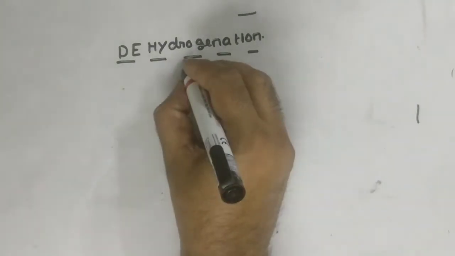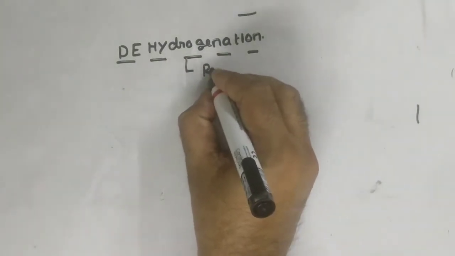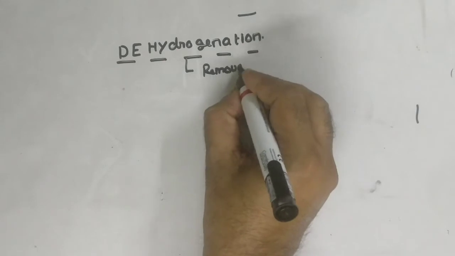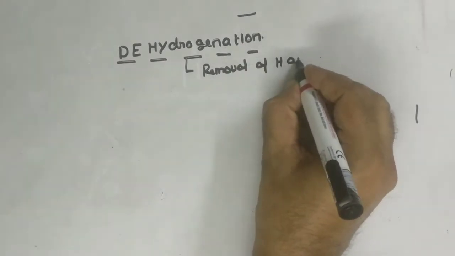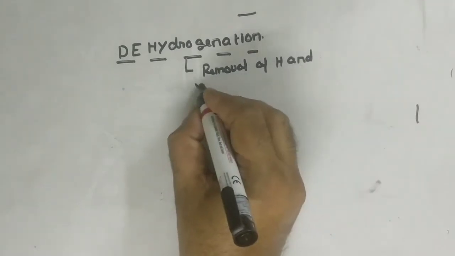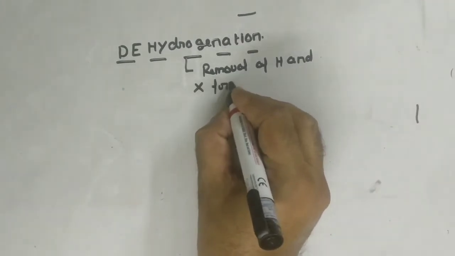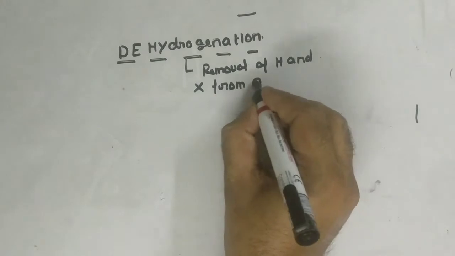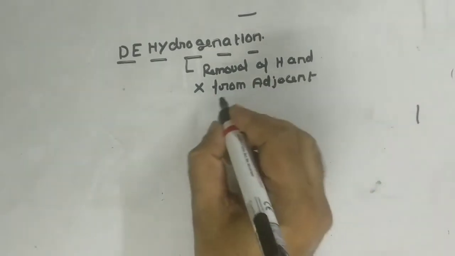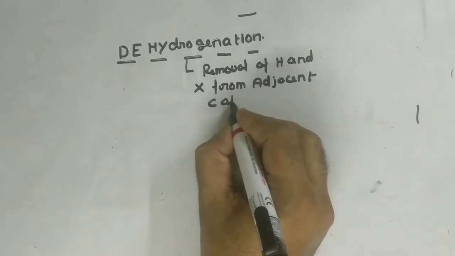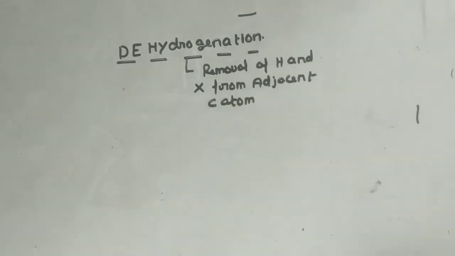De means removal, so it's nothing but removal of hydrogen and an atom of halogen from adjacent carbon atoms, and you get the formation of alkene.